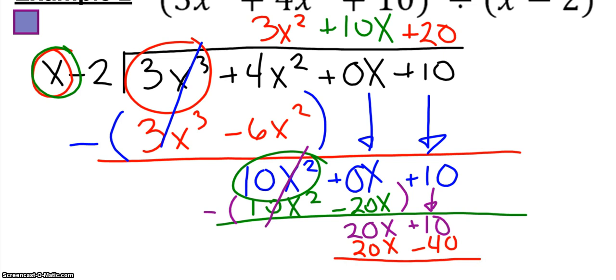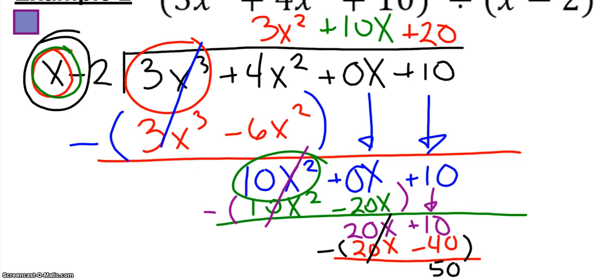All right. Last time, let's go ahead and subtract these. 20x minus 20x cancels out. 10 minus negative 40 is 50. Now, if we look over here, x cannot get multiplied by anything to get 50. So 50 is the last thing, our remainder.